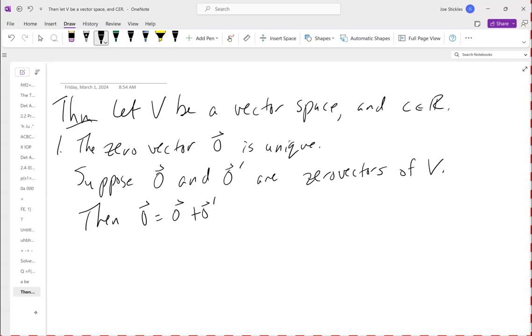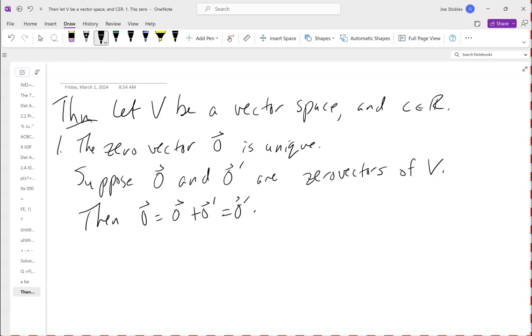Now flip it. If 0 is the 0 vector, and I add it to 0 prime, what should I get back out? 0 prime, yeah. There you go. That's the proof. The end. We assume we had 2 and they were equal.